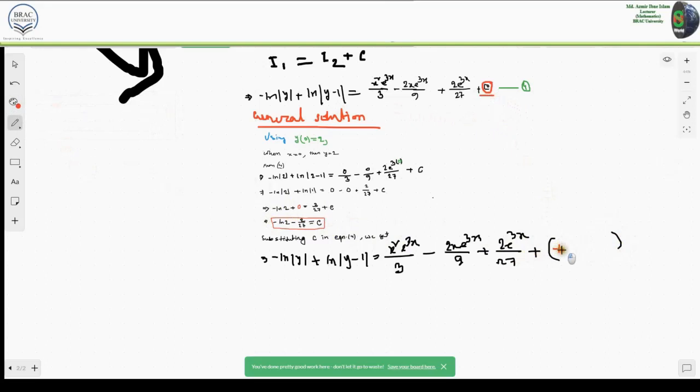So this is our particular solution. A general solution will always contain a constant c, and by using initial value or boundary value we can eliminate that constant and we will get the particular solution. I hope you understand.